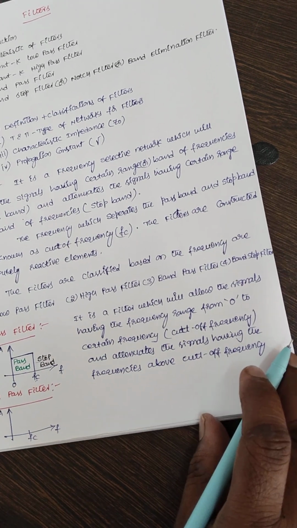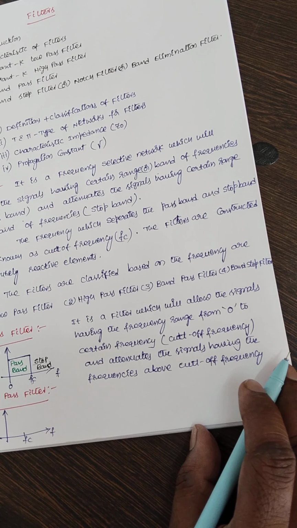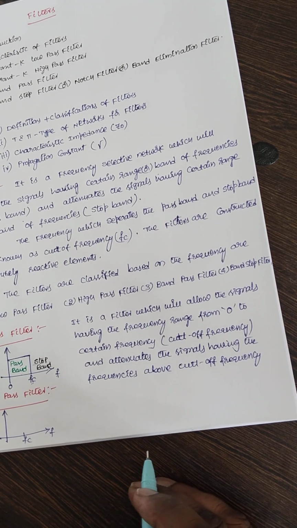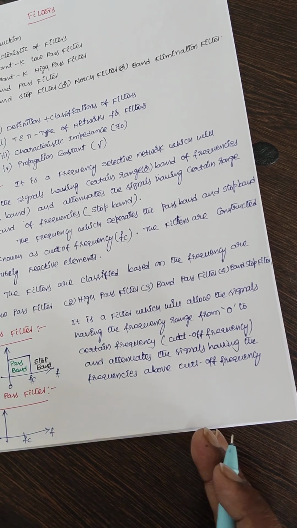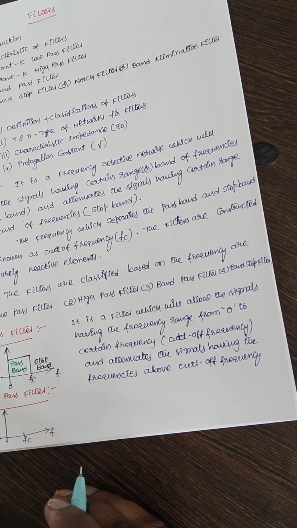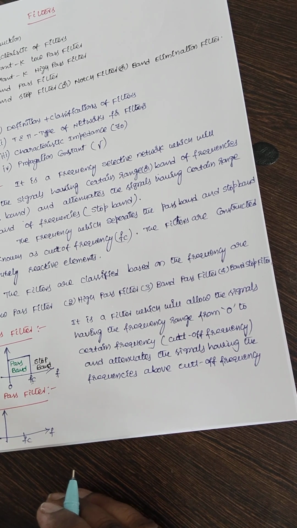This high pass filter is the filter which allows the high frequency signals, or we can define it as a filter which allows the signals having the frequency range from cutoff frequency Fc to infinity, and attenuates the signals having the frequencies from 0 to cutoff frequency.